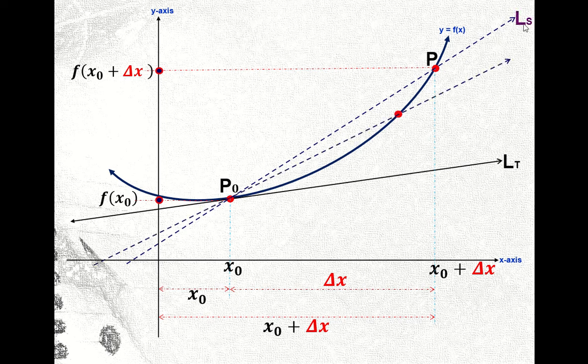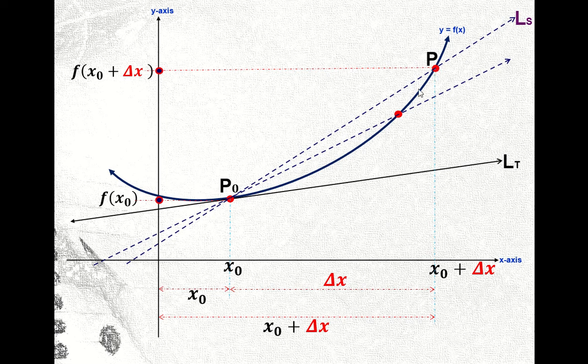LS means secant line. Now if we move to another point, shall we say this point moves here, it means that the secant line moves at this point. So what we have noticed is that our delta x becomes smaller, right? This becomes smaller.